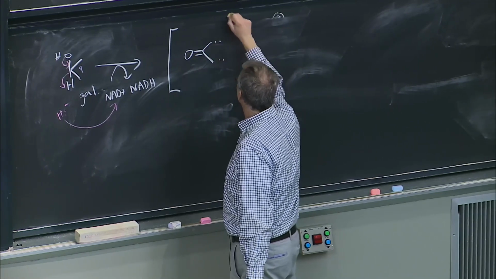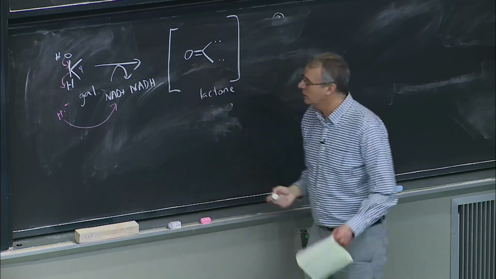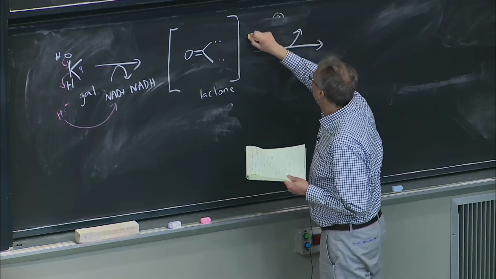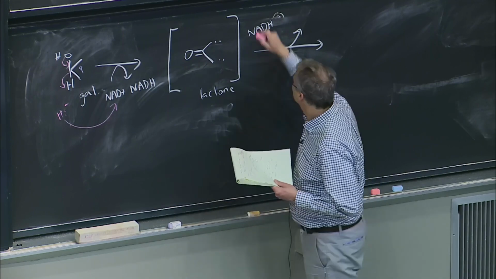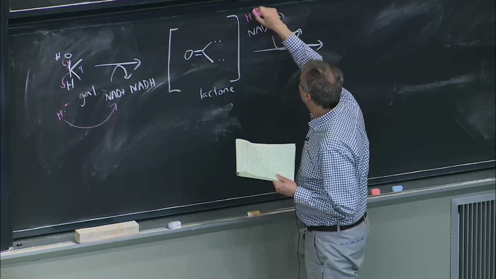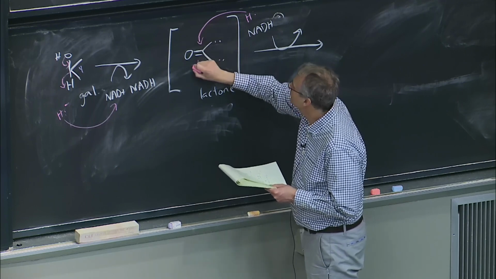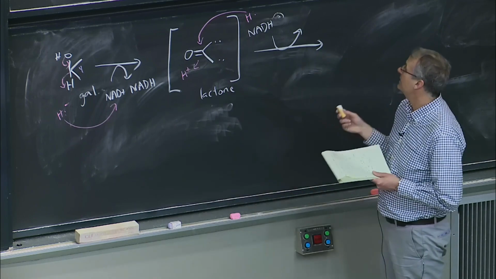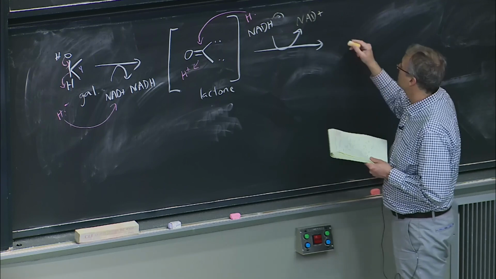Now you get this lactone intermediate at the 4-carbon. And then you can have 2 electrons from an NADH be added to the opposite face of the molecule that regenerates an NAD+.